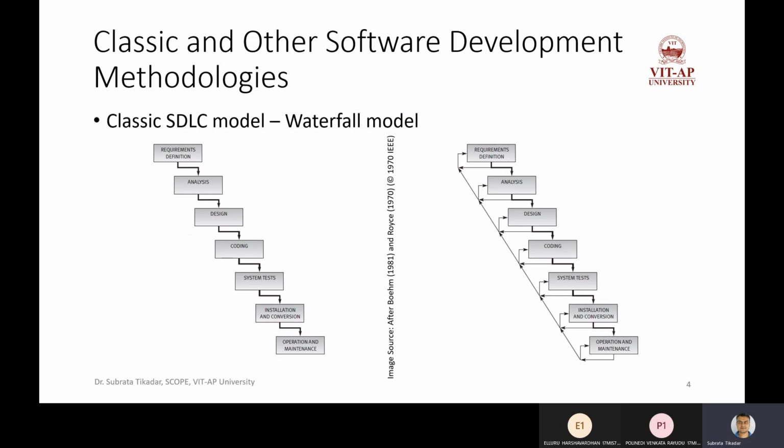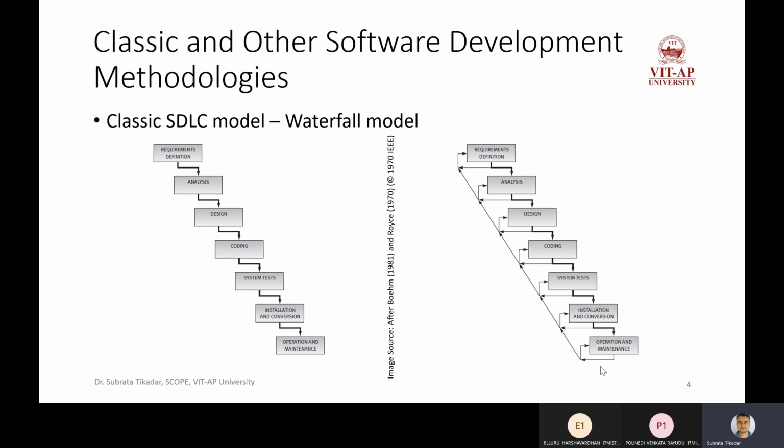So this is the classic software development lifecycle model, which is generally termed as waterfall model because of its nice flow. So in this model, you know that first requirements are gathered from the user for whom you are going to develop the software.